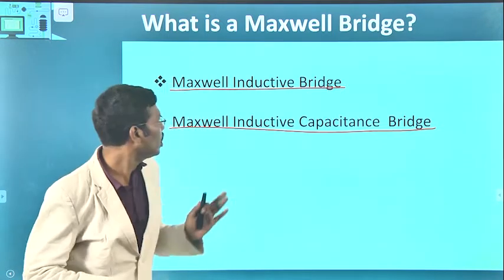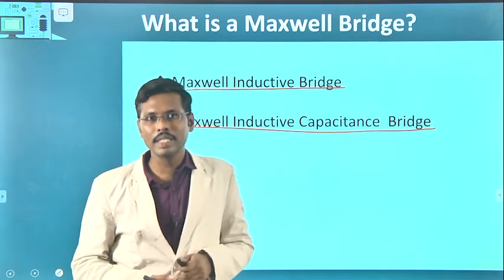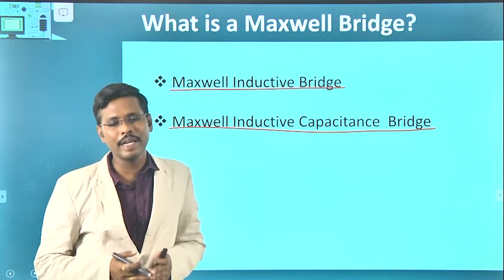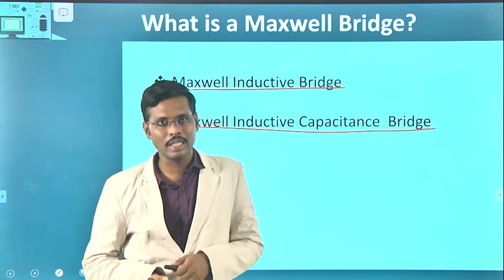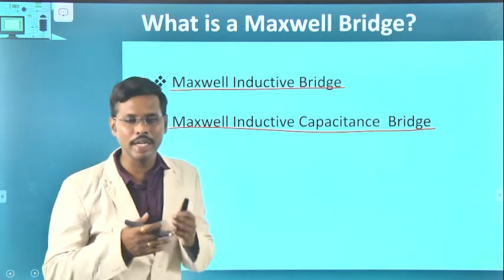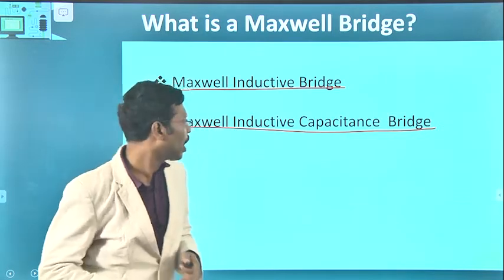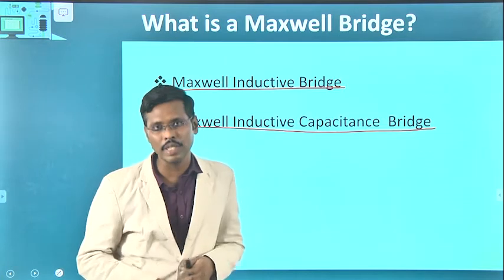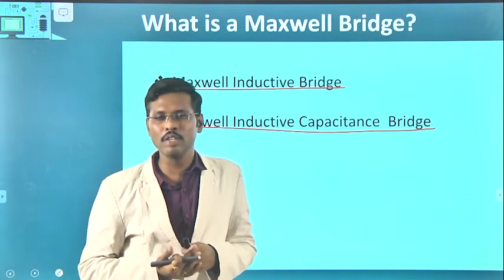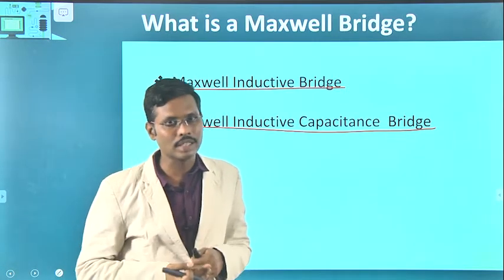In the Maxwell inductive bridge, we measure the unknown inductance by comparing it with a standard inductor, taking the standard inductor as the reference. But in the Maxwell inductive capacitance bridge, we measure the unknown inductance by considering a standard inductor and also a capacitor.